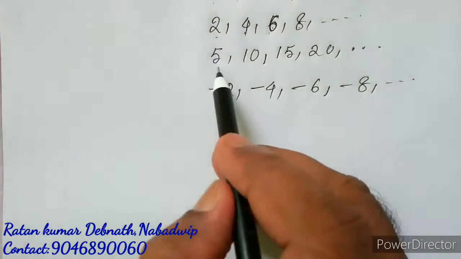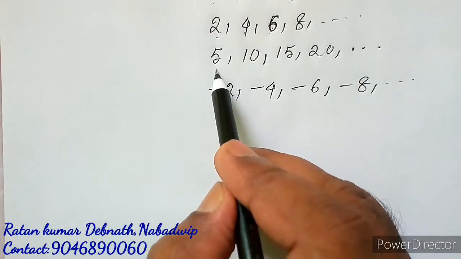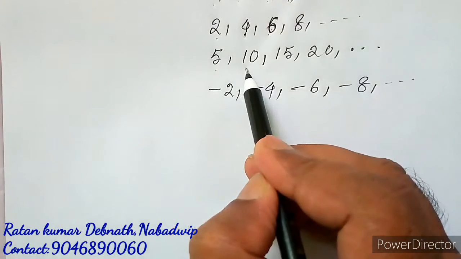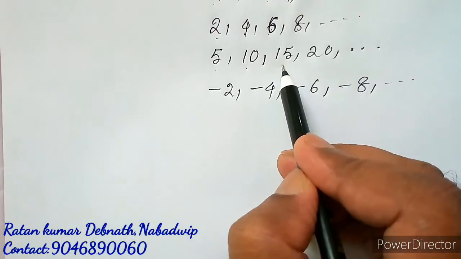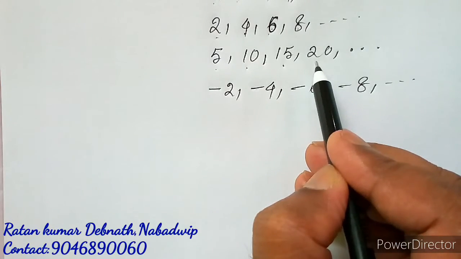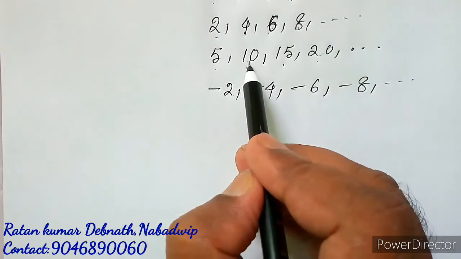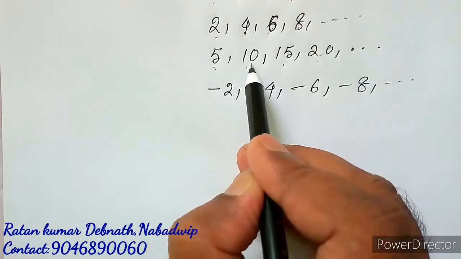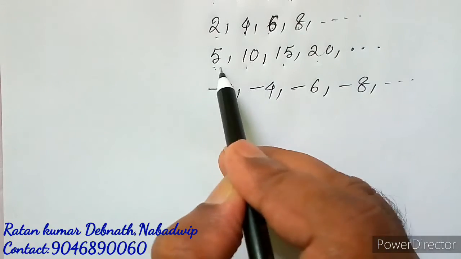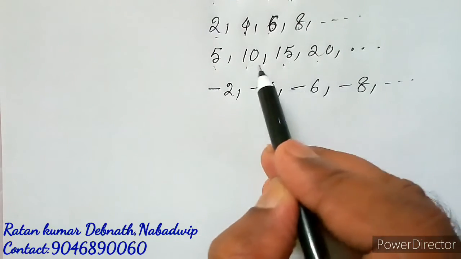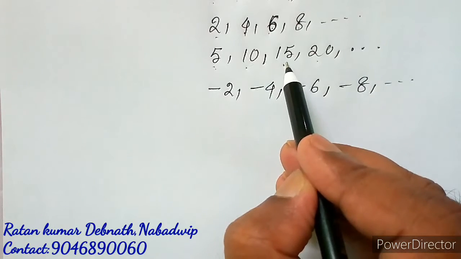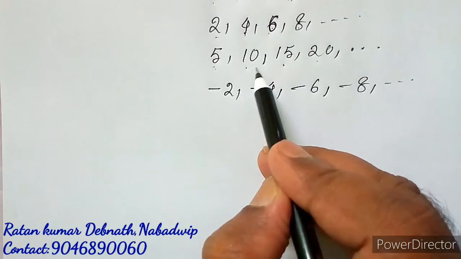In the next series, the first term is 5, second term 10, third term 15, fourth term 20. Now subtract the first term from the second one, you will get 5. Subtract the second term from the third one, you will get 5.